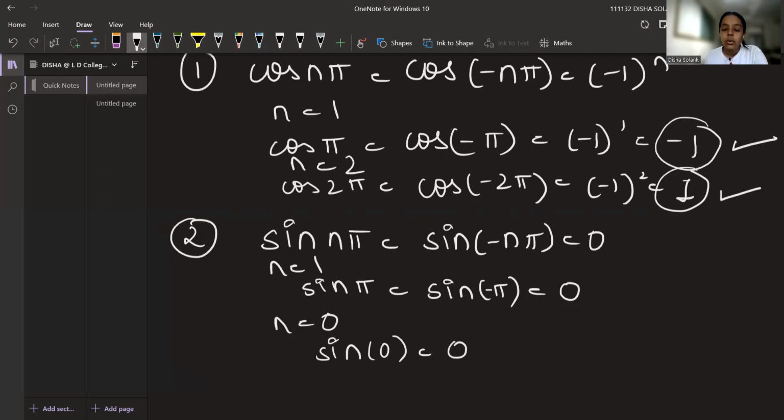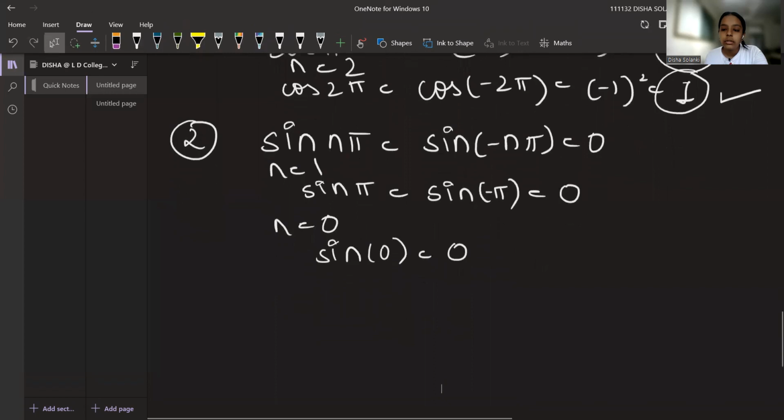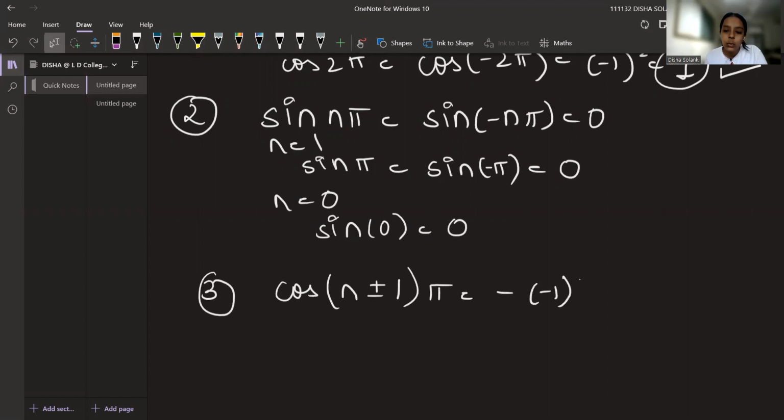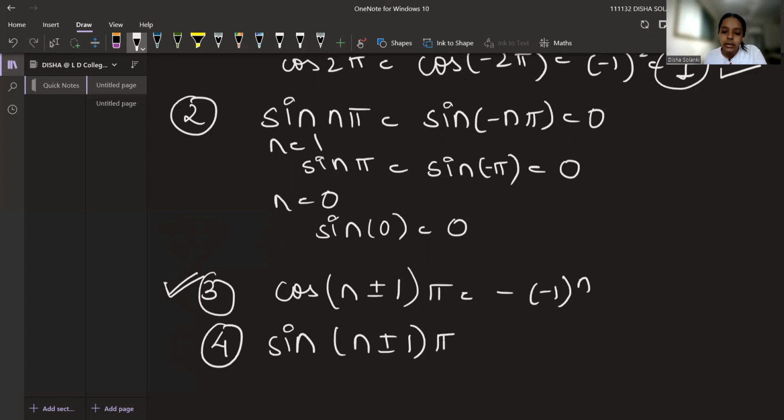Now I will let you know about the third equation, that is cos of n plus or minus 1 pi equals minus 1 raised to n. You need to remember this equation, and further, sine of n plus or minus 1 pi equals 0.